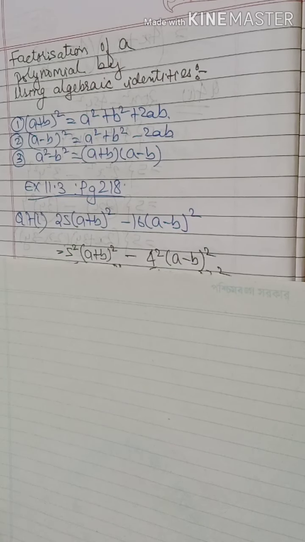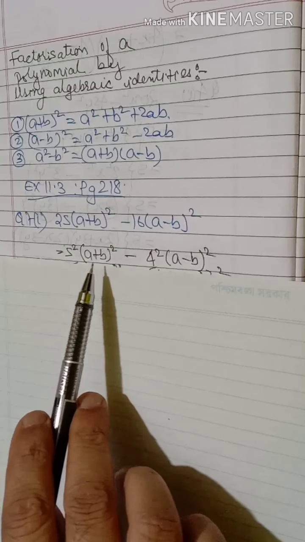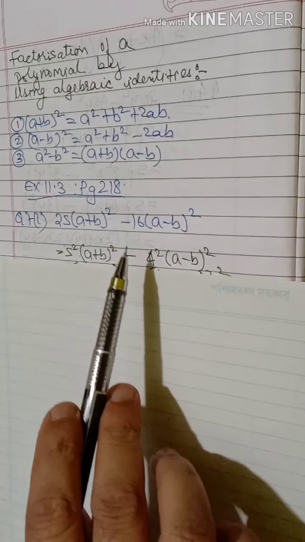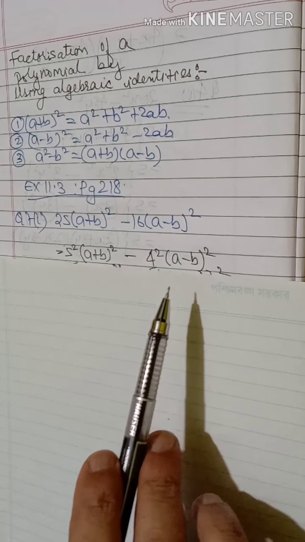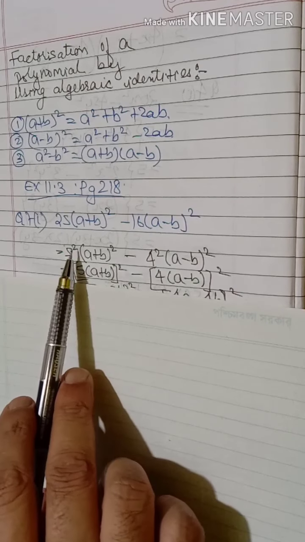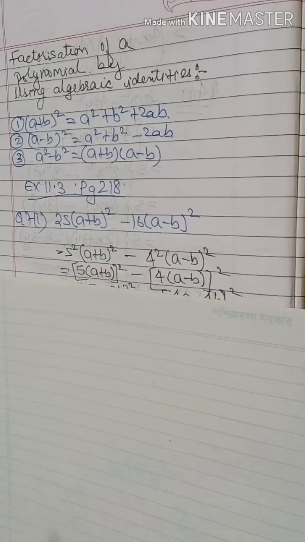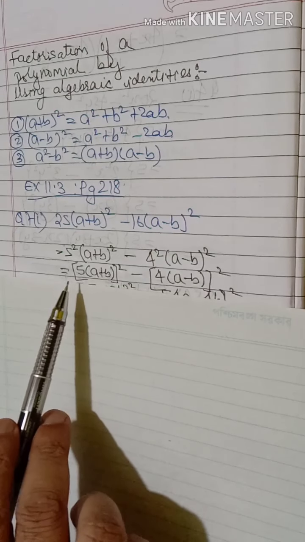So 25 can be written as 5 square, and we already have the a plus b whole square. And 16 can be written as 4 square, and we already have the a minus b whole square. Now we have a square here and a square here, so we can give a single square to both terms inside the bracket.